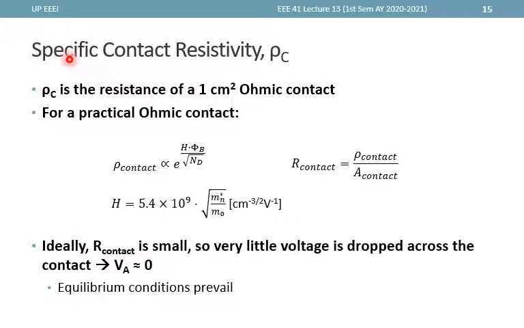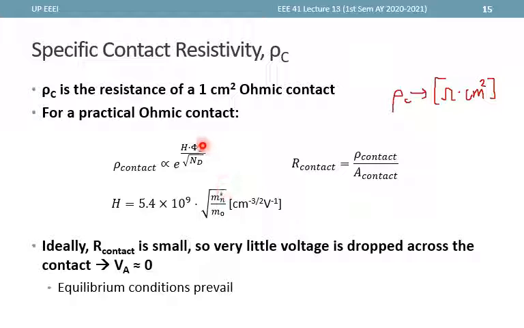Okay, so we have what we call the specific contact resistivity, rho sub C. Rho sub C is the resistance of a 1 cm squared ohmic contact. This contact resistivity is normally given in ohm cm squared, and it is proportional to e raised to h times the barrier height over square root of ND, where h is this constant right here.